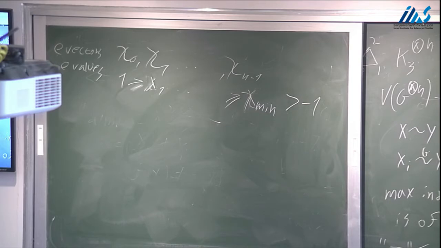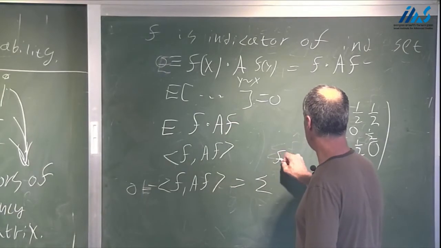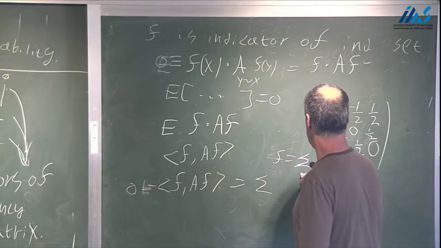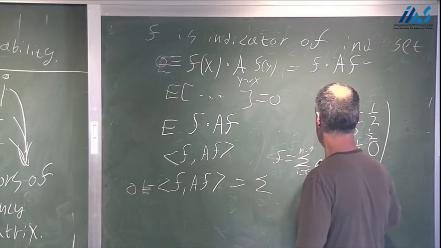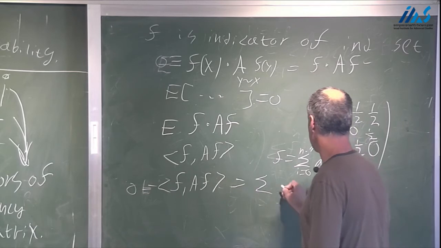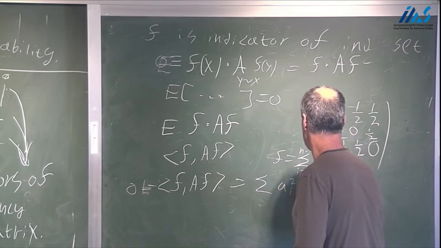And when I take the inner product, all the cross terms cancel. If f is the sum for i equals 0 up to n minus 1 of a i chi i, then I'm going to get the sum of a i squared lambda i.